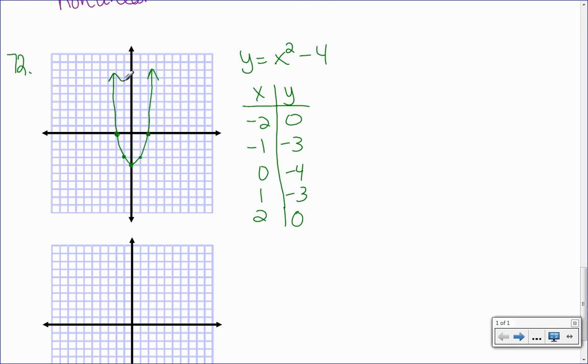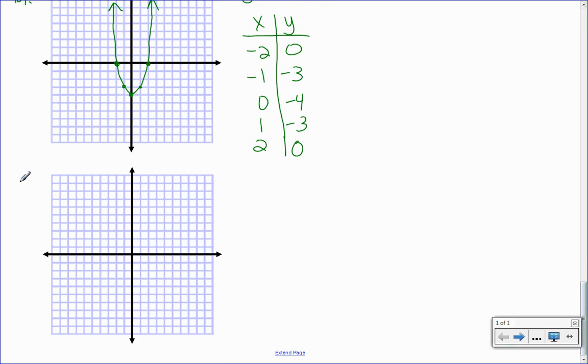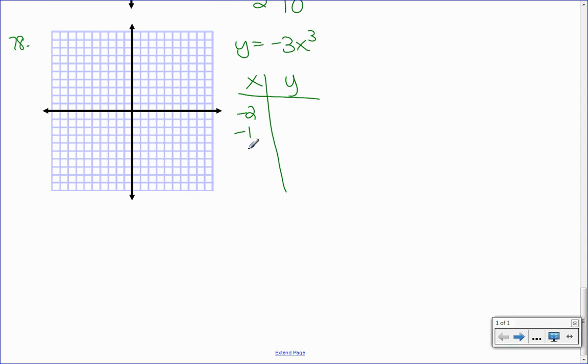Okay. And for number 78, we want to graph y equals -3x cubed. Of course, we start with -2, -1, 0, 1, and 2. And again, you can plug them in by hand, or you can use the table on your calculator.